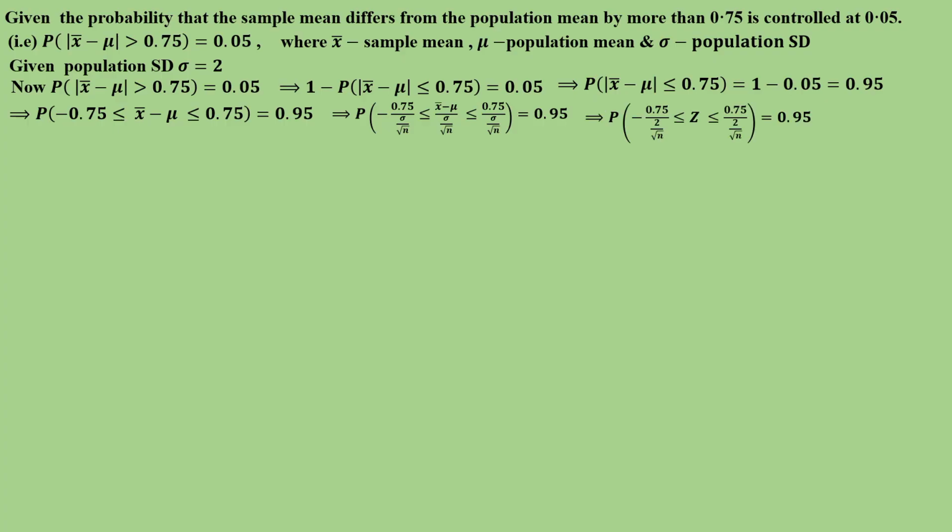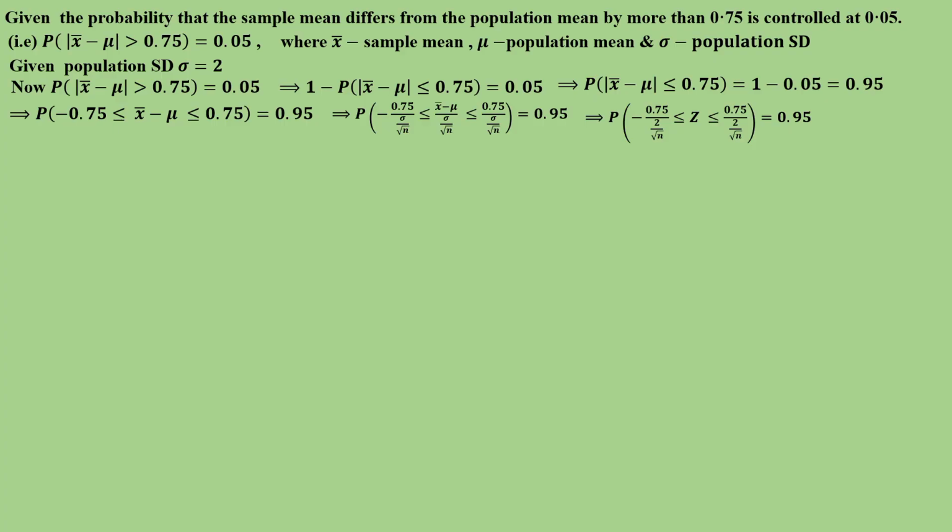So the center becomes z. Sigma is equal to 2, substituting that value also, so again you have the normal curve area: the probability of minus 0.75 by 2 root n less than or equal to z less than or equal to 0.75 by 2 root n, which is equal to 0.95.